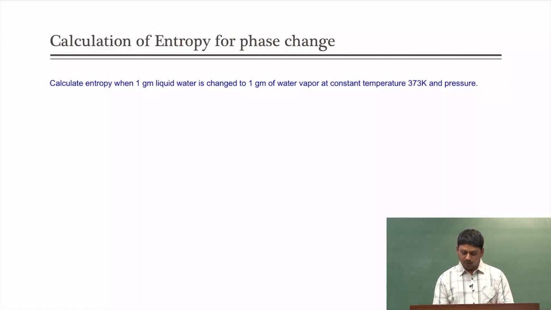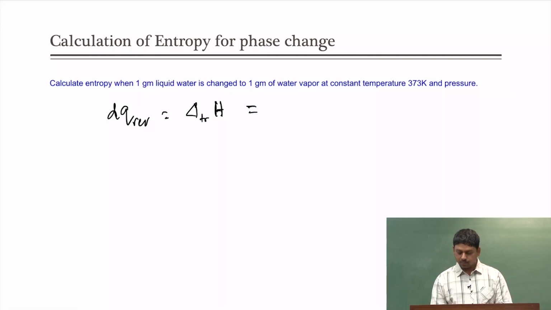So, what is the dq? dq reversible is nothing but delta H, the enthalpy for transition. In thermochemistry we have talked about it, typically 40.66 kilojoule per mole, that is the heat of transition, right.